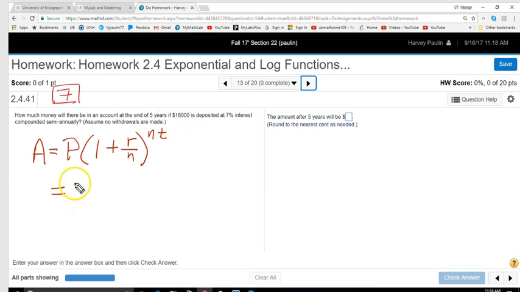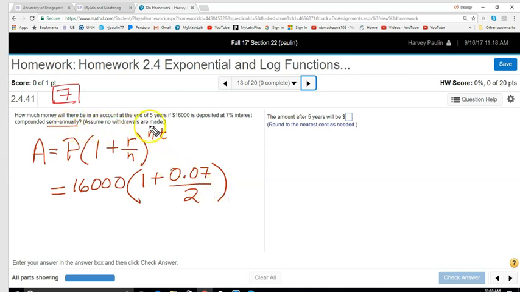The amount is 16,000. 1 is straightforward. Now the rate is going to be an interest rate of 7% that we need to convert to its decimal form. And the period of compounding is semi-annually, which means twice a year.